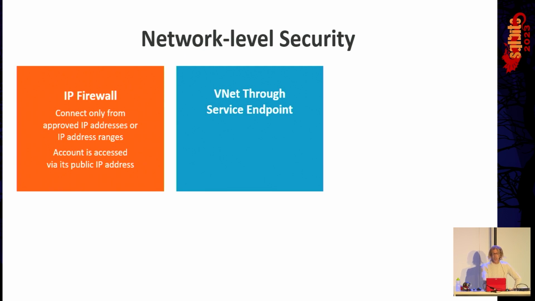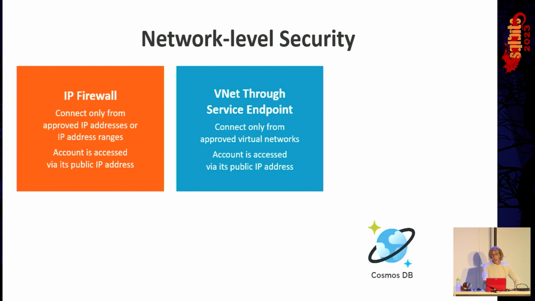And from a management perspective, you can achieve the same level of network security using VNets, where you don't have to manage individual IP addresses. You have virtual networks, and only the resources inside approved virtual networks, whatever their IP addresses may be, are able to flow through the firewall.